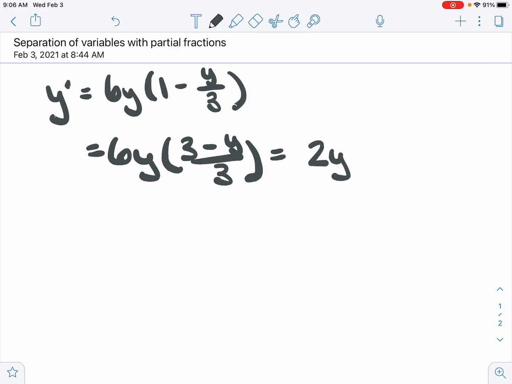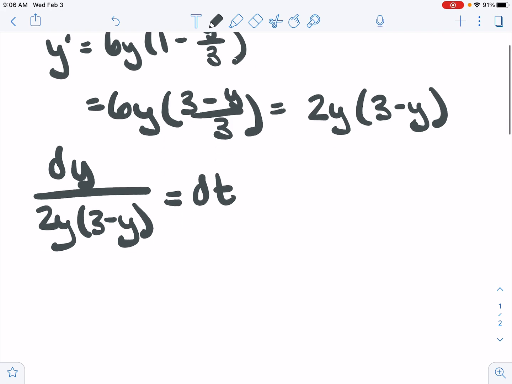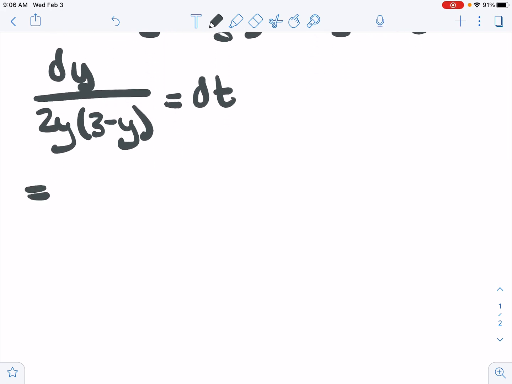So we're left with 2y times (3 minus y). Now we separate the variables, so dy over 2y times (3 minus y) equals dt. To integrate both sides is what we'd like to do next, and we need a partial fraction decomposition in order to do that.